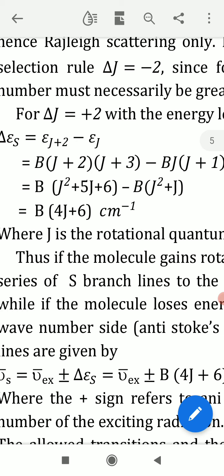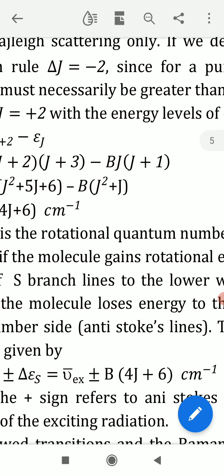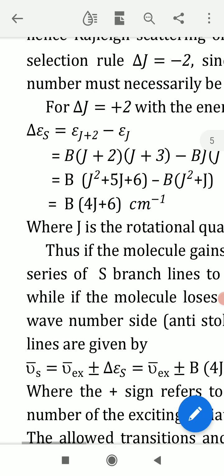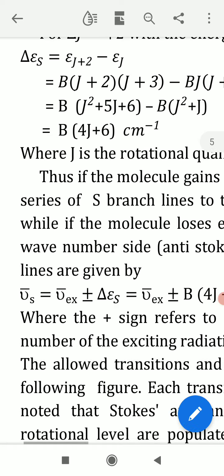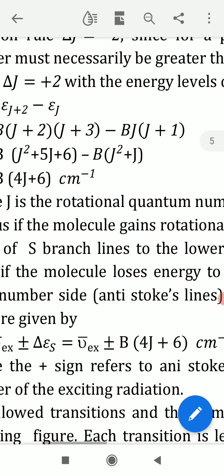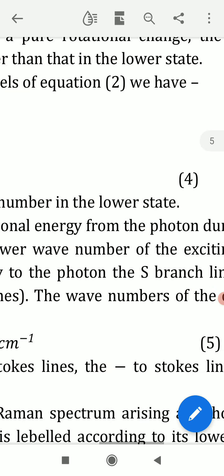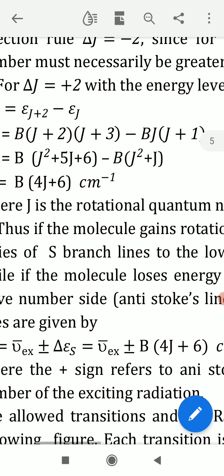It is equal to B (j square plus 5j plus 6) minus B (j square plus j), and it is equal to B into (4j plus 6). Unit is centimeter inverse. So this change in energy is in units of wave number, where j is the rotational quantum number in the lower state.